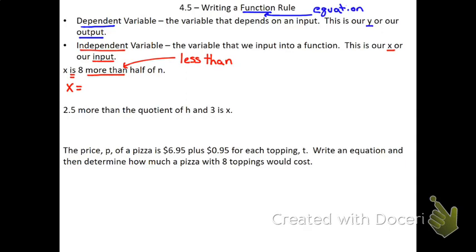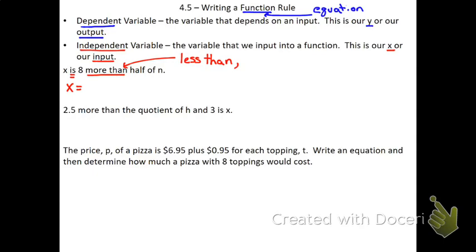So when you come across this in a phrase, what you need to do is you need to switch the numbers around it. So instead of it reading 8 more than or plus half of n, you're going to write the half of n first and then write the 8. So there's going to be a change in the order that comes around more than or less than.